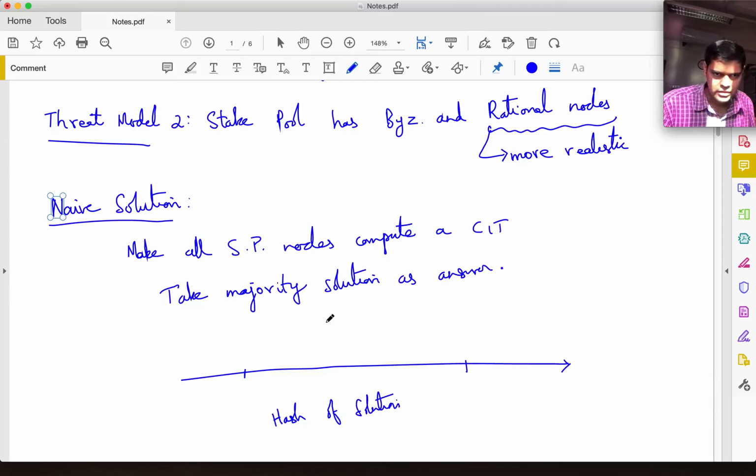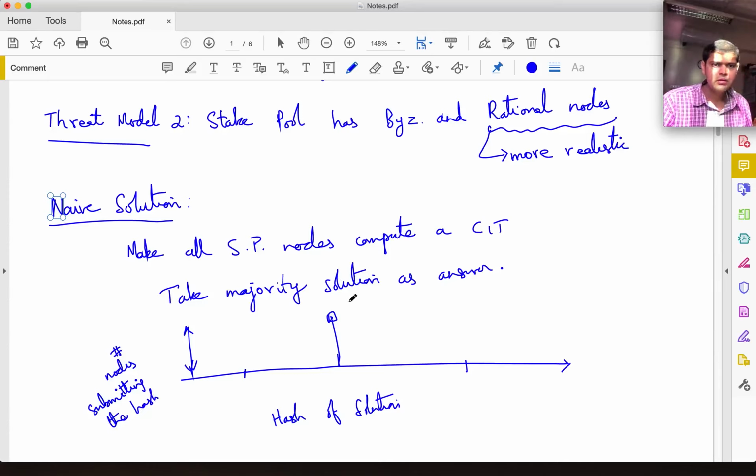And here I am plotting a histogram. So the height is the number of nodes submitting this hash. Let's say this is S1, the solution that is submitted. Now the attacker could submit many other solutions, right? Suppose he submits S2, S3 and so on. But we know that the majority of the nodes are honest, so we can just look at this largest one and that gives us the solution.